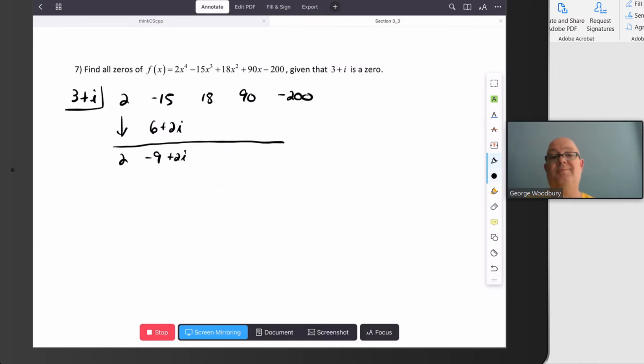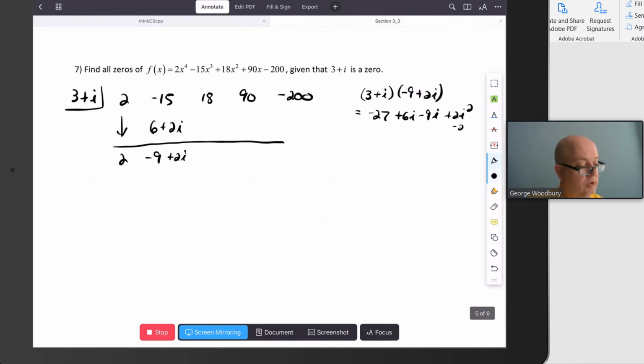Now this is going to get a little tedious. 3 plus i times negative 9 plus 2i, using FOIL style multiplication, is negative 27 plus 6i, plus i times negative 9, that's minus 9i, plus i times 2i, that's 2i squared. 2i squared is really negative 2, so this becomes negative 29. 6i minus 9i is minus 3i.